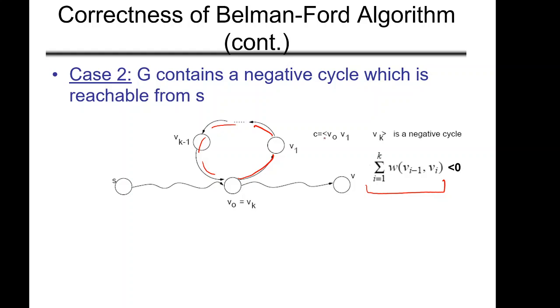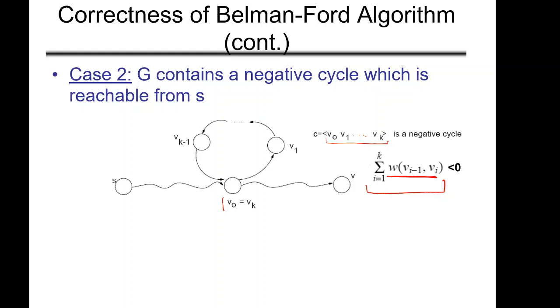Since it is a cycle, the first and last node are equal. There are k nodes, so if you go from 1 to k and add the weight of all the edges, the sum is less than 0.